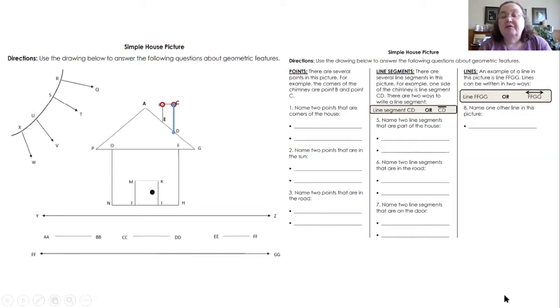Number 5 says, name the 2 line segments that are part of the house. And once again, if you need more time, just push pause. Number 6 says, name 2 line segments that are in the road. And number 7 says, name 2 line segments that are on the door.